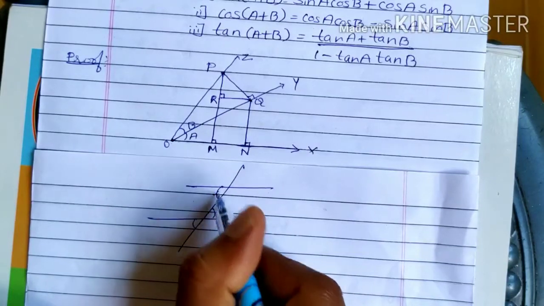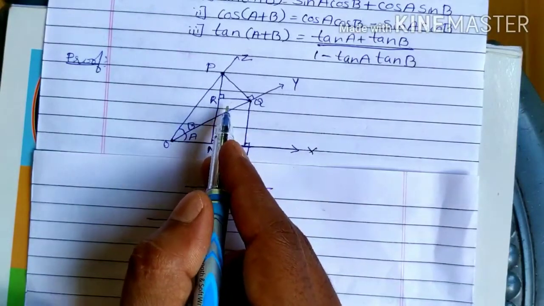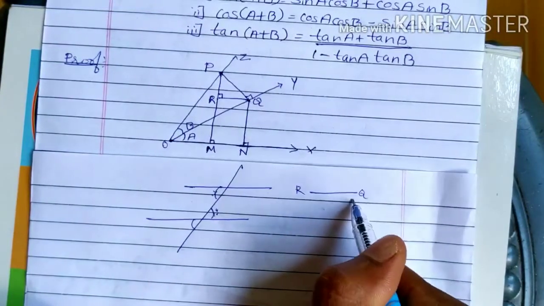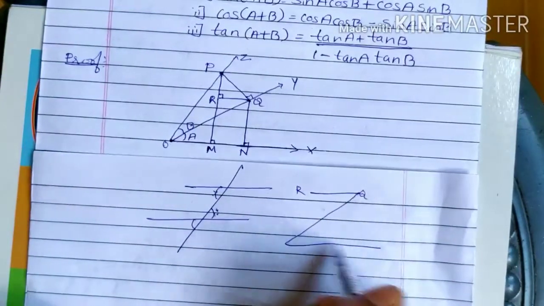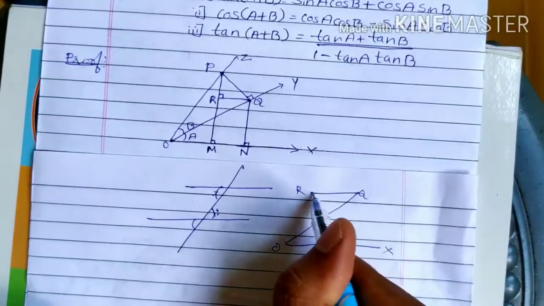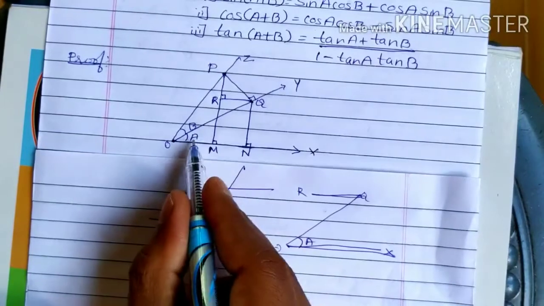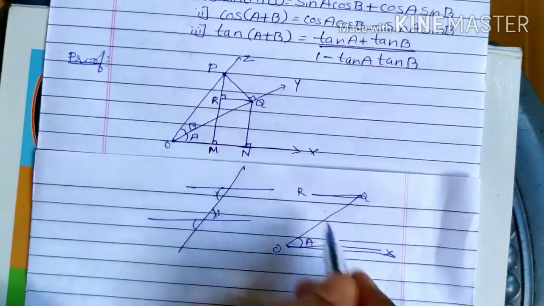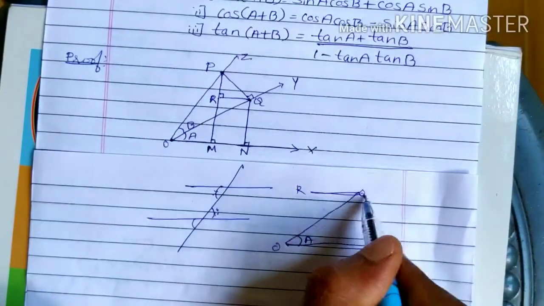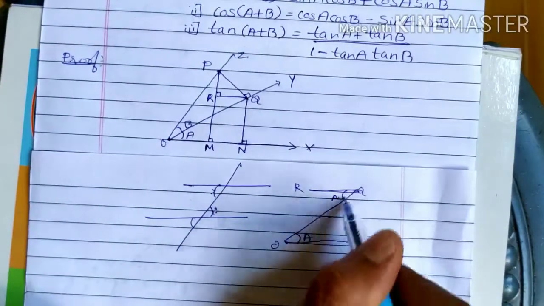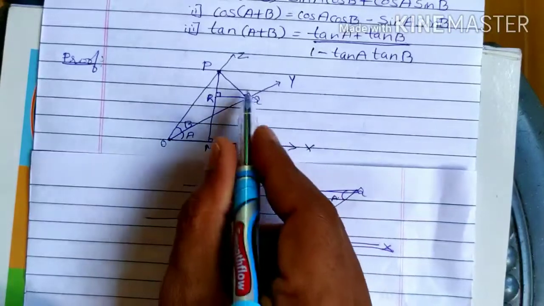So this concept we use here. RQ and OX are parallel, so this angle is A, as we have noted here. Since RQ is parallel to OX, this angle is also equal to A, because of alternate angles.